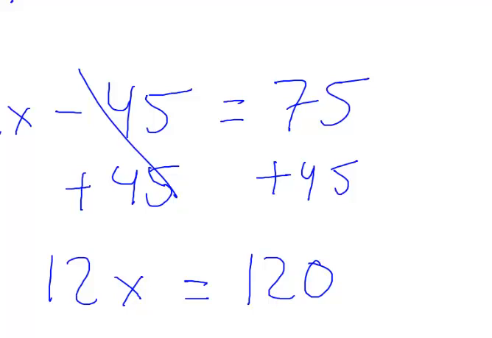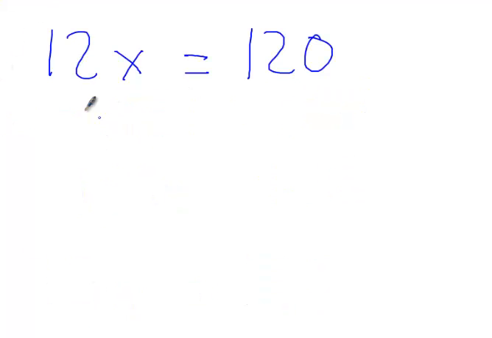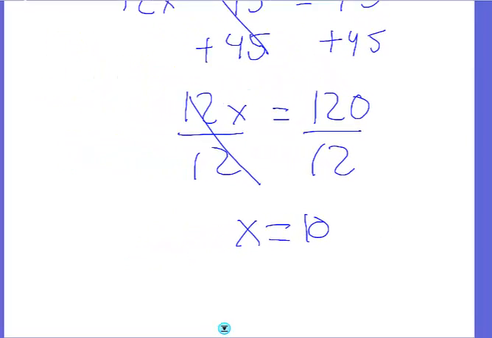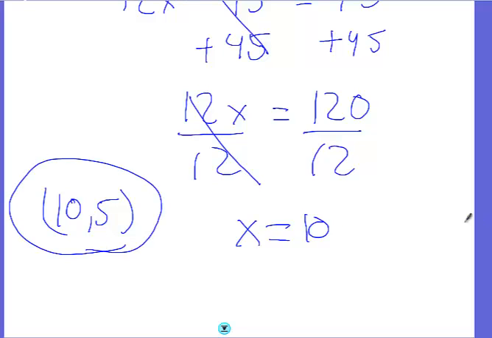All right, because 75 plus 45 is 120. So 12x equals 120. Divide by 12. Divide by 12. X is equal to 10. We knew that y was equal to 5. So your answer is 10, 5. And that's your final answer.